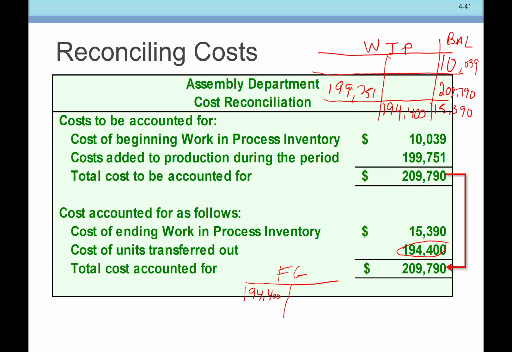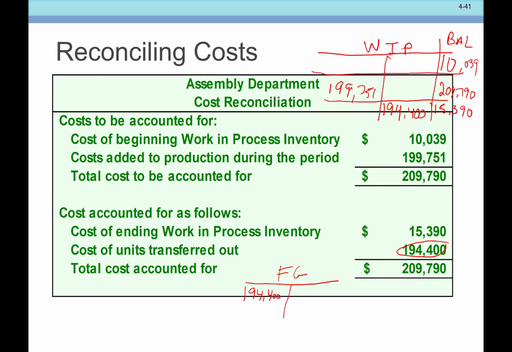And then if you sit there and you have what? Beginning 10,039, let me cut off the lights too. You take that 10,039, you add the cost, 199,751 they told me, that gives me total available, 209,790, minus the amount that's transferred out, gives me the ending inventory.